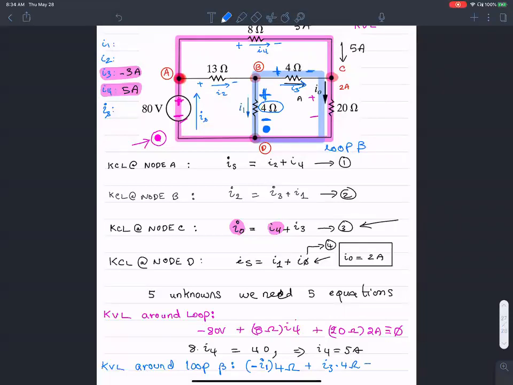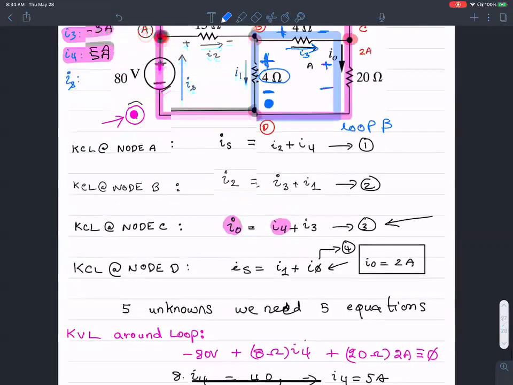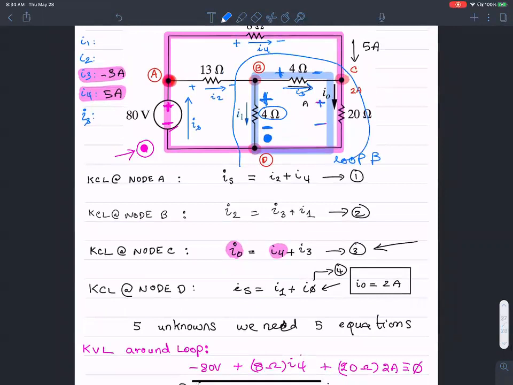Plus there is a positive negative I0, positive I0 times 20, and all of that should sum to 0. So here is the expression. Does that make sense? So it simply followed all the elements in this loop, and then carefully annotated the positive and negative directions.